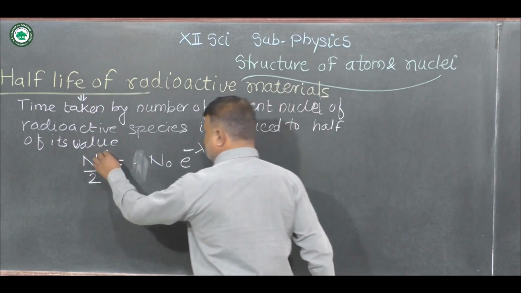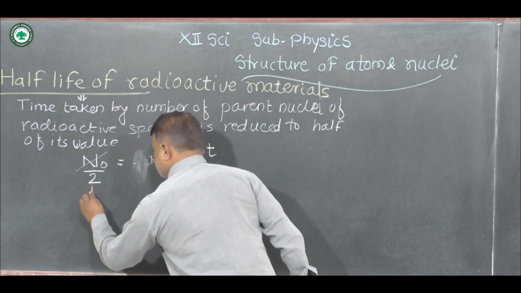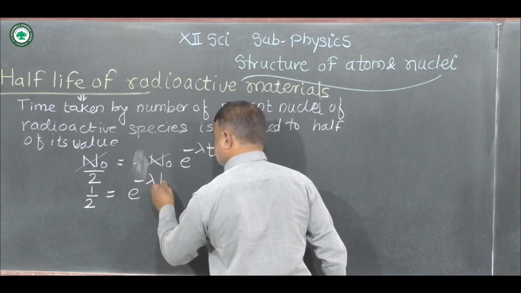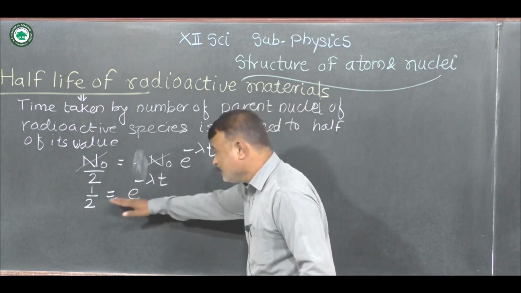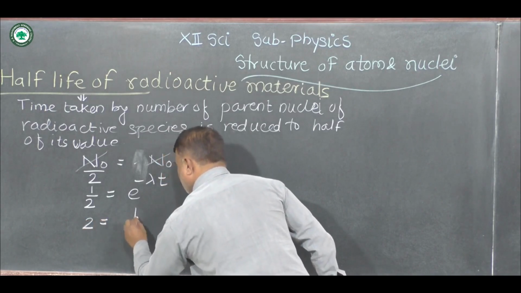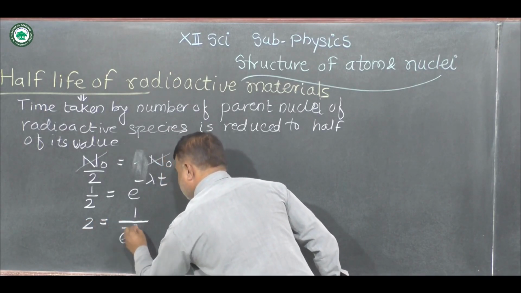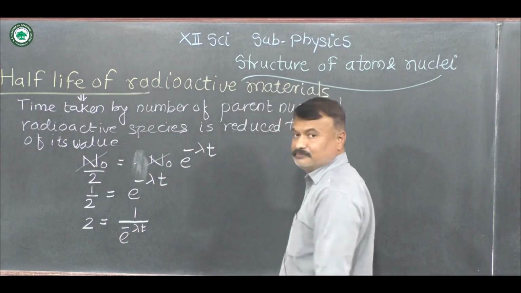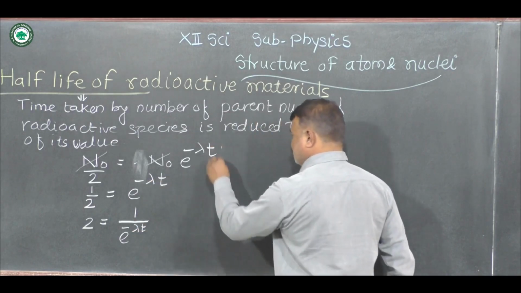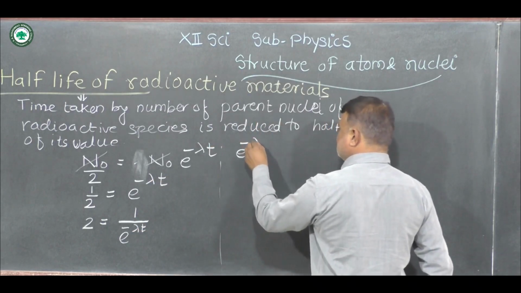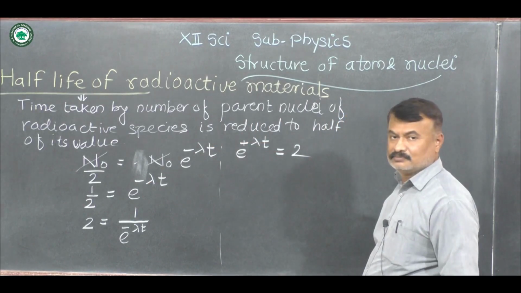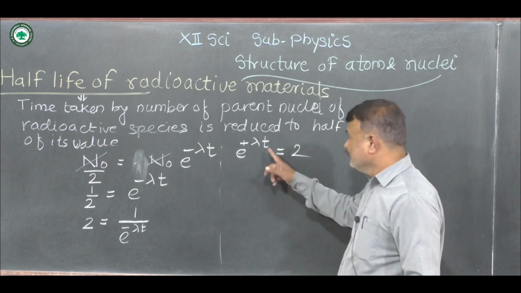Now here N0 gets cancelled, so remaining is half equal to e raised to minus lambda t. By taking reciprocal of both sides, we get 2 is equal to 1 upon e raised to minus lambda t. Now this e raised to minus lambda t on the lower side will become e raised to plus lambda t, that is equal to 2. We have to find out time t.